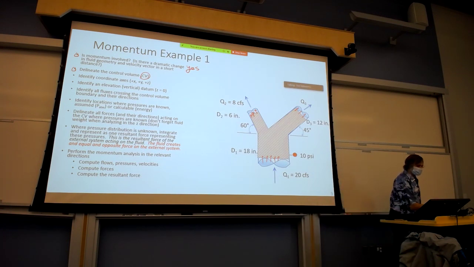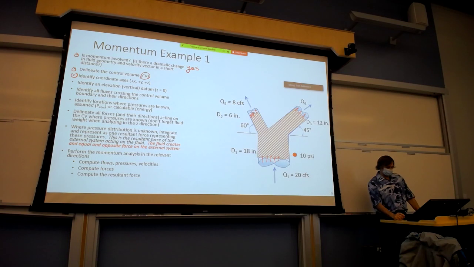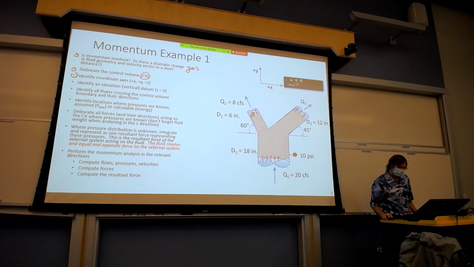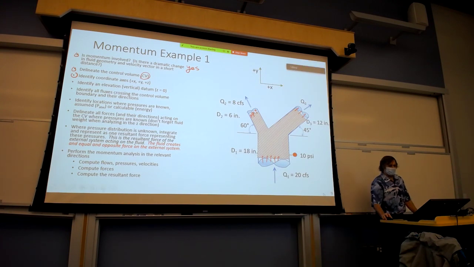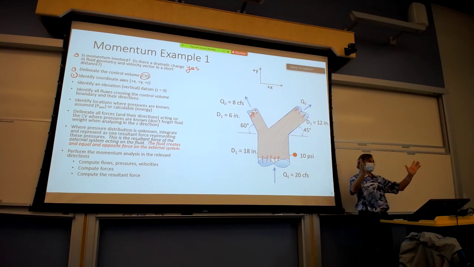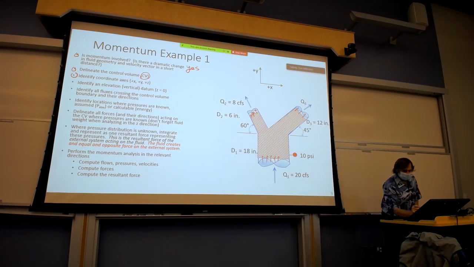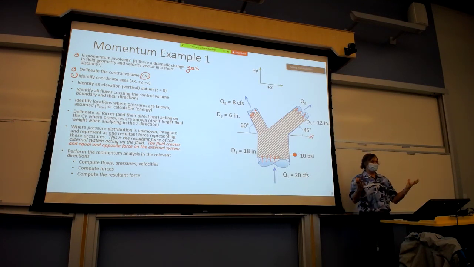All right, the next step is to identify the coordinate axes, X, Y, and Z. And in this particular problem, we're just going to say that X is perpendicular to where 1 is coming in, and Y is collinear with 1. And again, the whole problem is in a horizontal plane. You could have made X and Y with respect to any dimension you want. However, it's kind of convenient to relate it to the geometries that you were given in this problem.